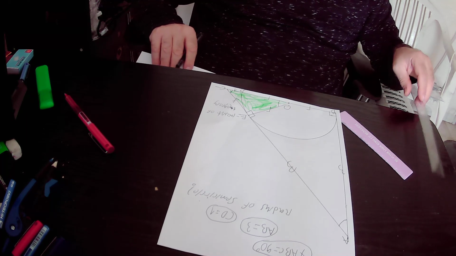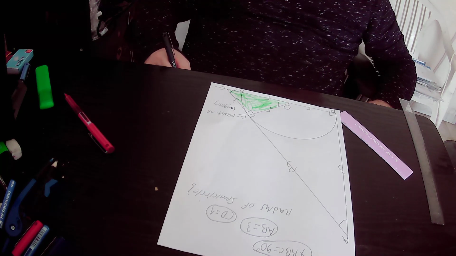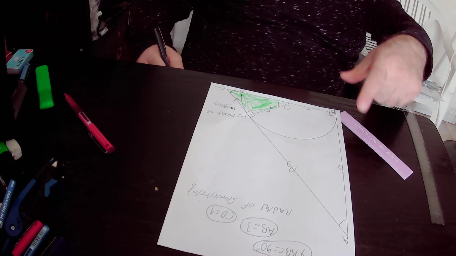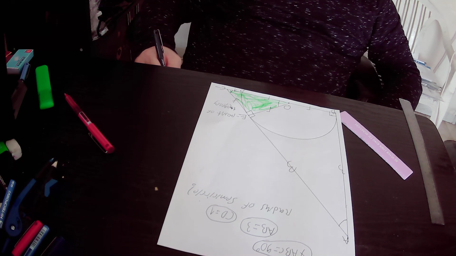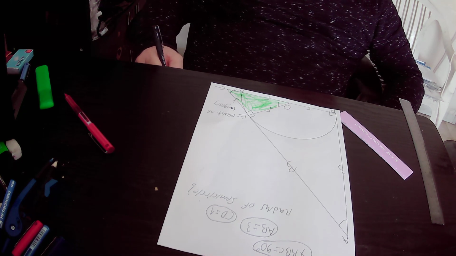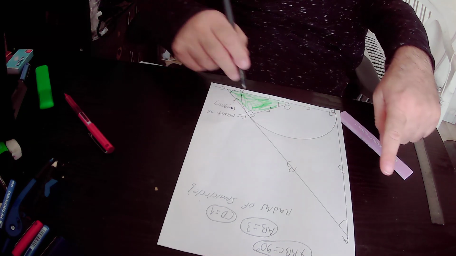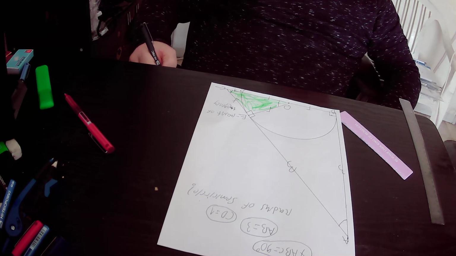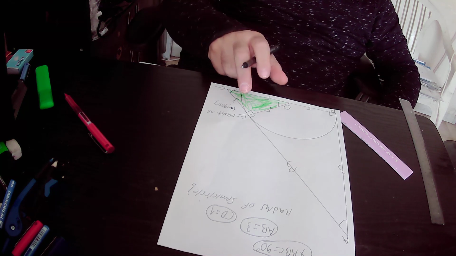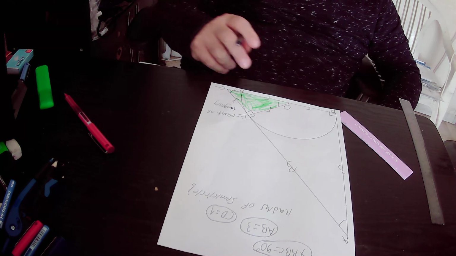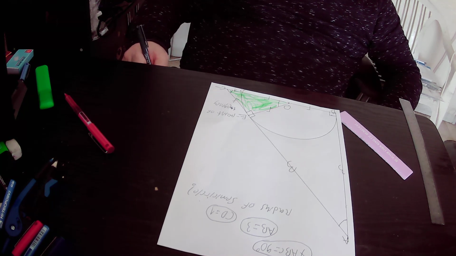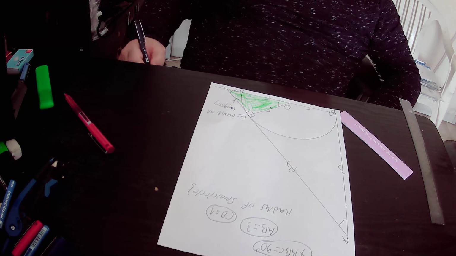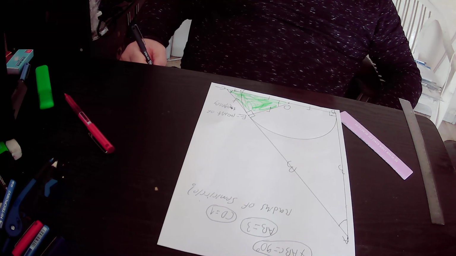We will conclude that side AB of triangle ABC over side AC of triangle ABC equals side OE of the green triangle OEC over side OC of the green triangle OEC.